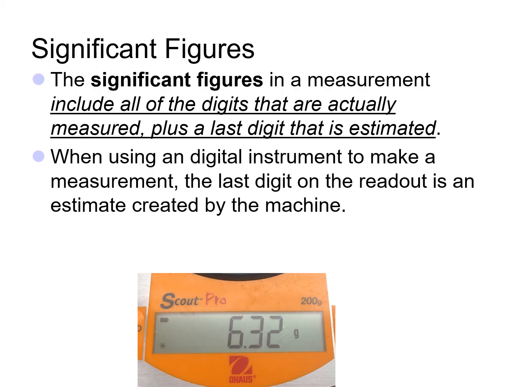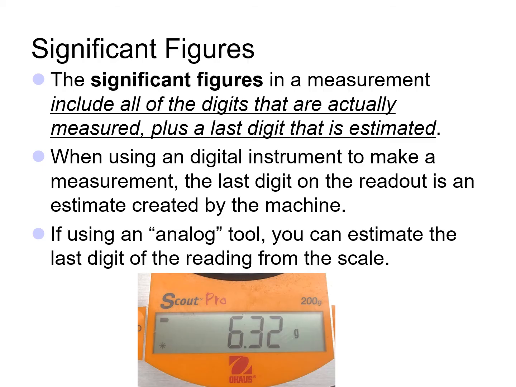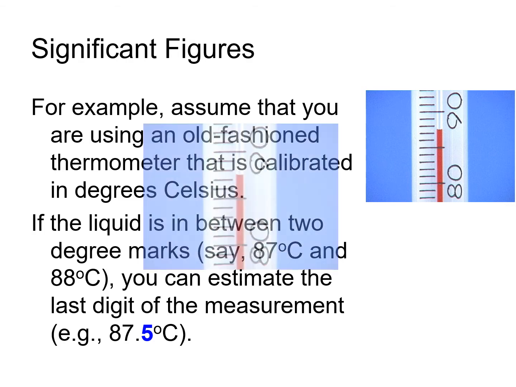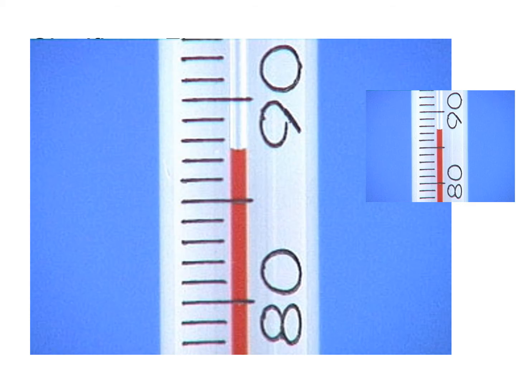Now, if you have an old-fashioned analog tool, then it's up to you to estimate that last digit. And you really should learn how to do this. Just for example, assume you were taking a temperature with an old-fashioned thermometer and it's calibrated in degrees Celsius. The liquid is between the 87 and the 88 mark, and it looks like it's about halfway between.